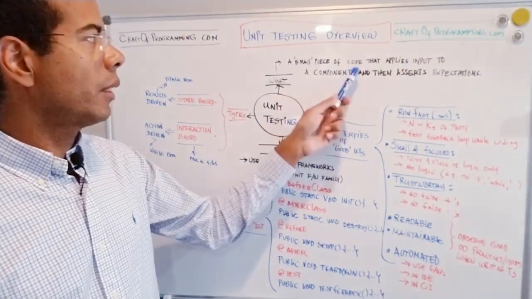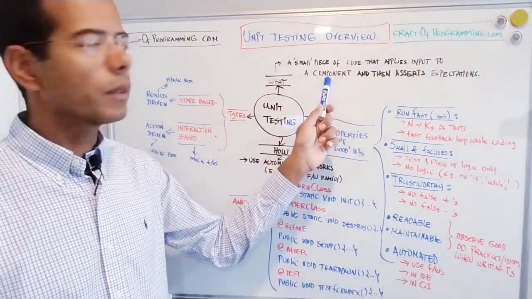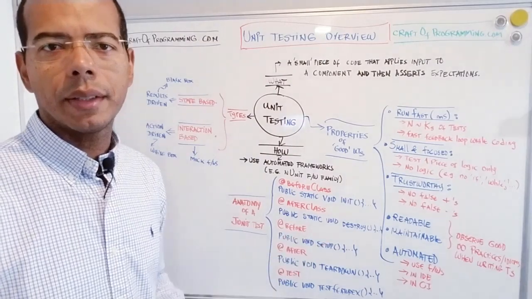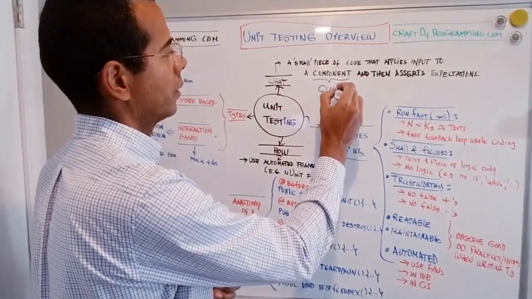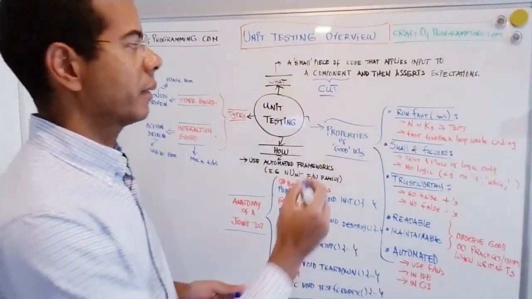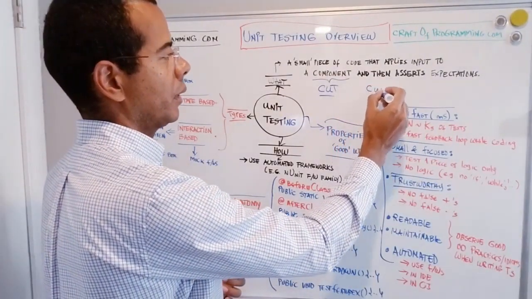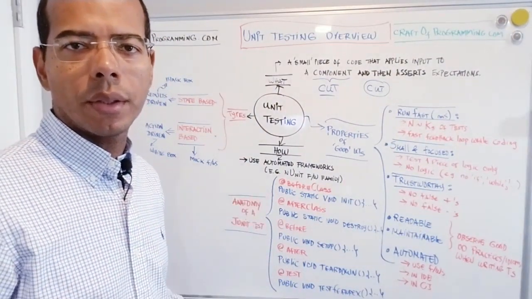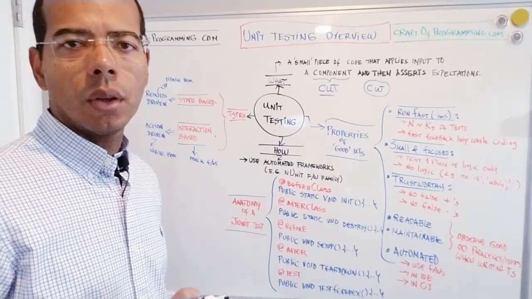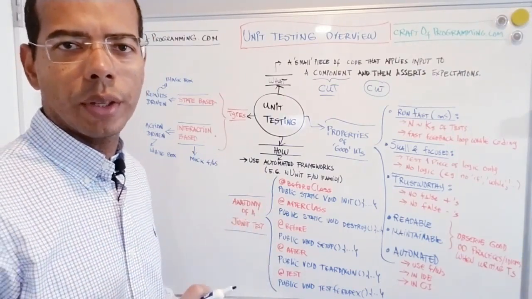A unit test is essentially a small piece of code that applies an input onto a component and then asserts or verifies the expectations that you set. Typically a component is referred to as CUT, or component under test, which at the level of granularity of a unit test is a class or a very small group of classes which are very related to each other.